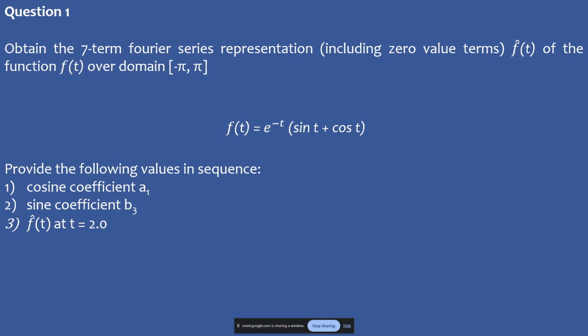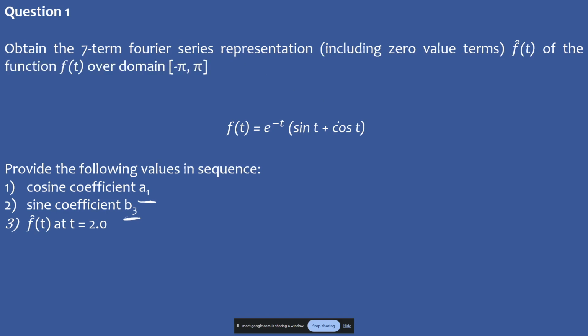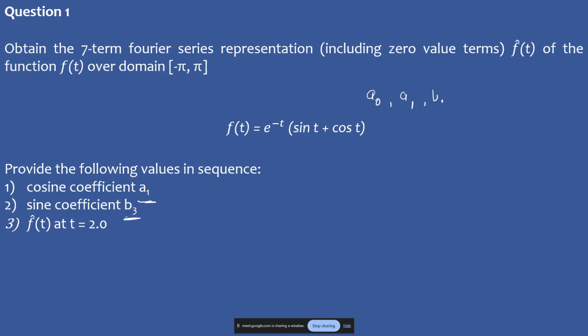Okay, so now which coefficients have been asked of us in the question? You have been asked for a1 and b3, and accordingly you need to evaluate the 7 term series. For the 7 term series you need to take the a naught term, then a1 corresponding to the cosine terms, then b1 corresponding to your sine term, then a2, b2, a3, and b3.